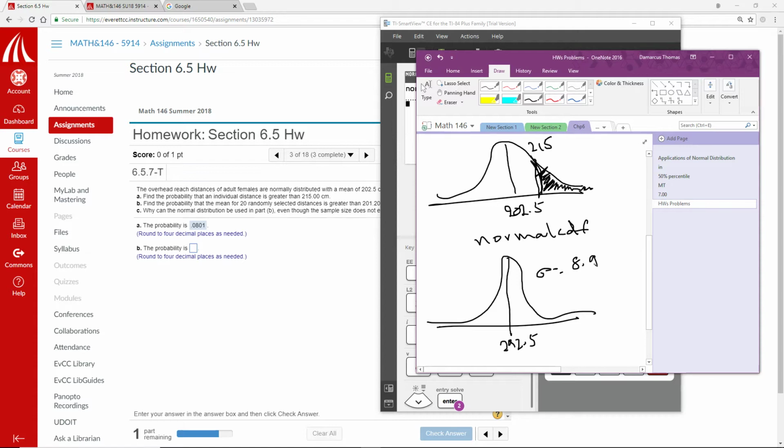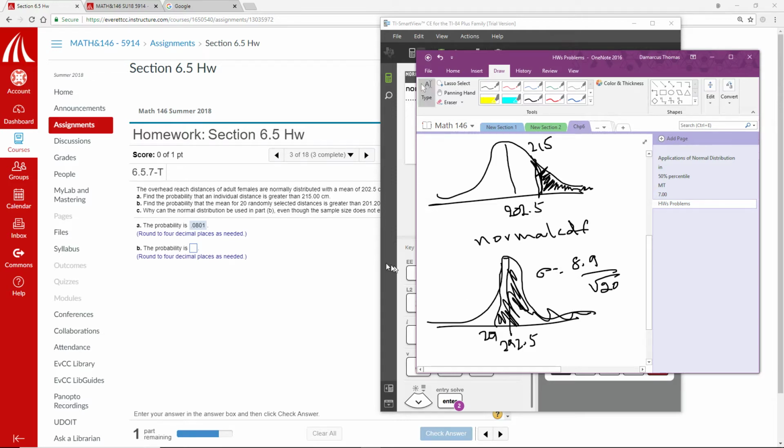The standard deviation would be 8.9 divided by the square root of the sampling size that we've been using, which is 20 in this case. And so for that reason, we could still do this problem. If we wanted to calculate the probability of 201.2 or greater, then that's a little bit less than half. Let's say 201, and then everything greater.